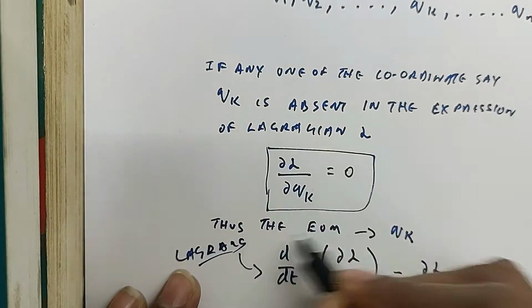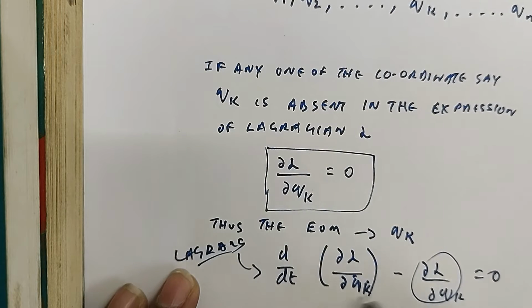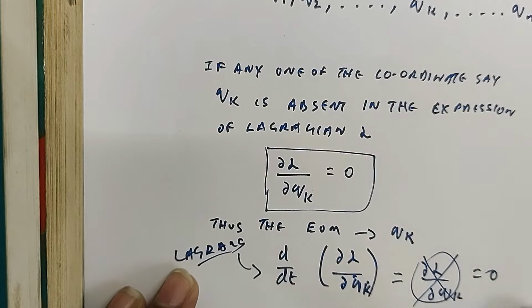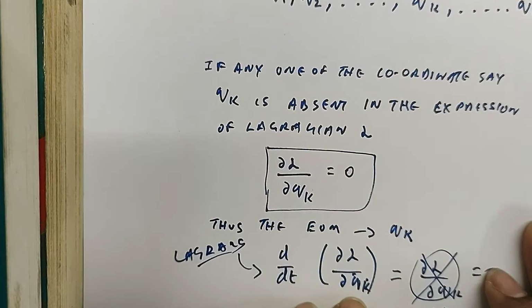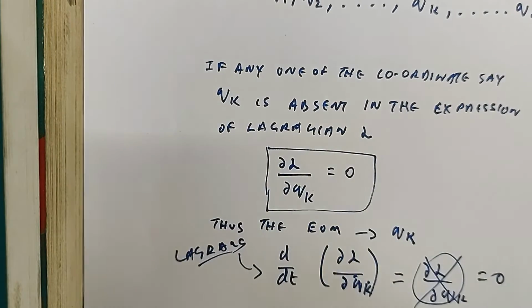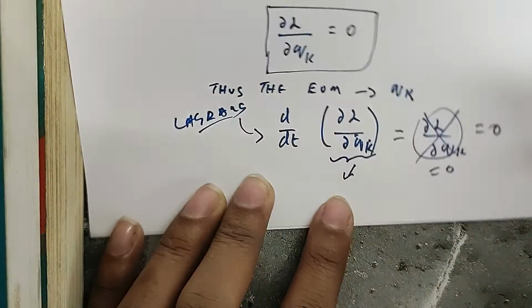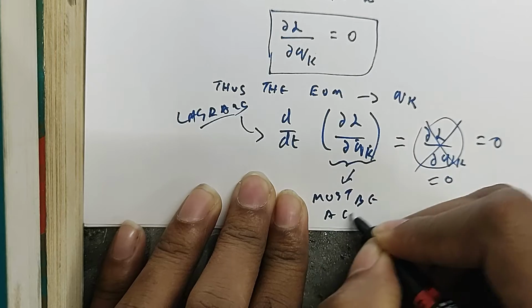But we know this term is 0, so that implies this particular term vanishes and this other term is equal to 0. If the derivative of this particular value is equal to 0, this means this particular quantity must be a constant.